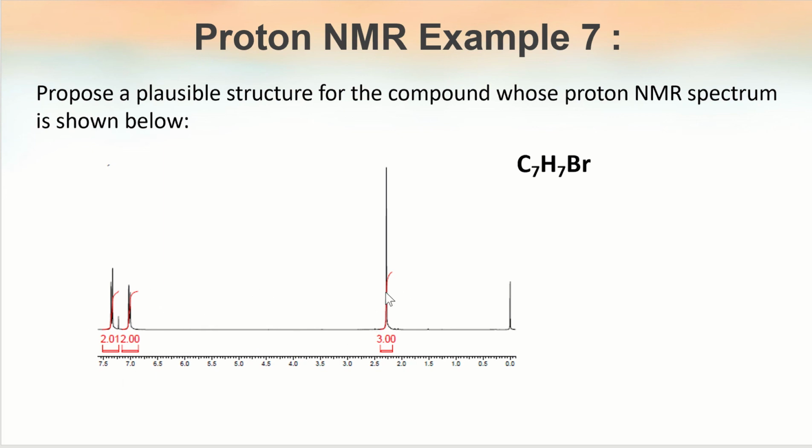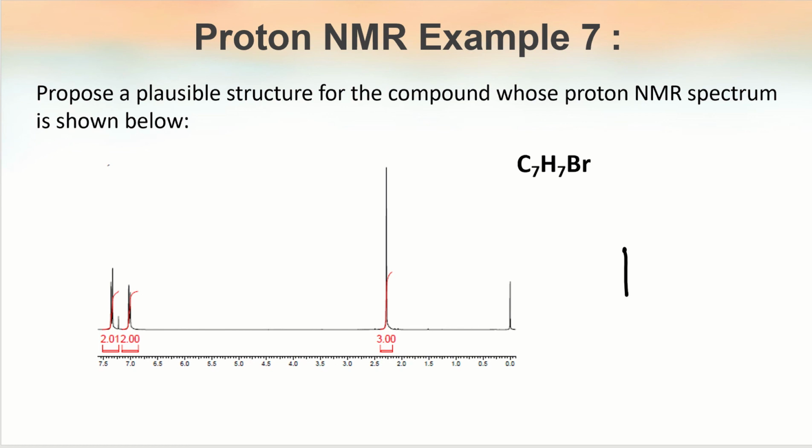And then based on the integration, we have 2 to 3. So it could possibly be 2 hydrogens in the same environment, 2 hydrogens in the same environment, 3 hydrogens in the same environment. And of course, guys, we have a bromine in the structure.